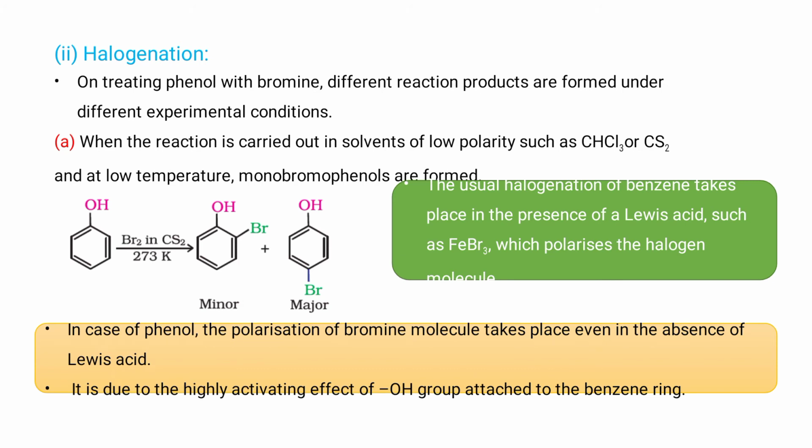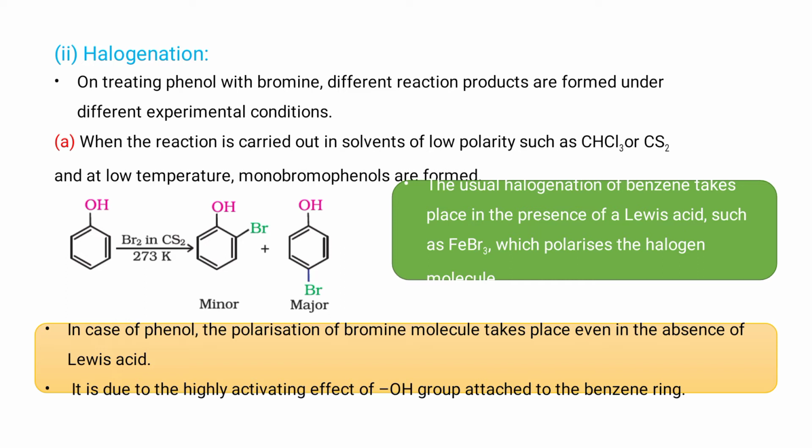Now coming to halogenation. On treating phenol with bromine, different reaction products are formed under different experimental conditions.